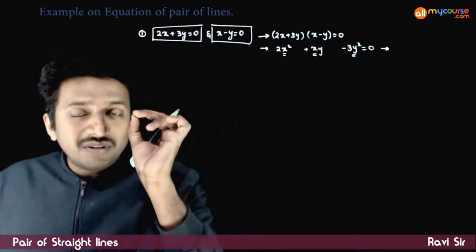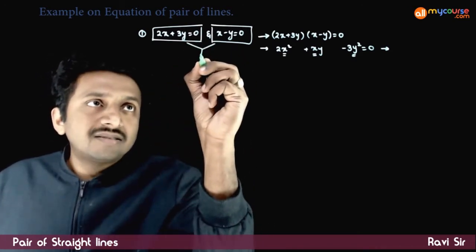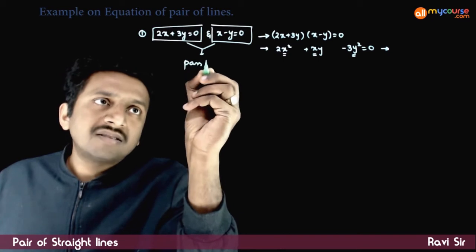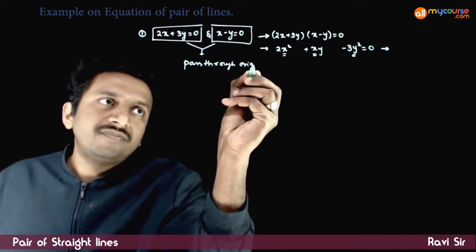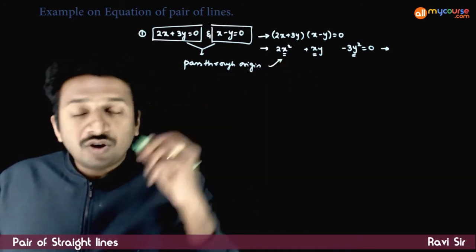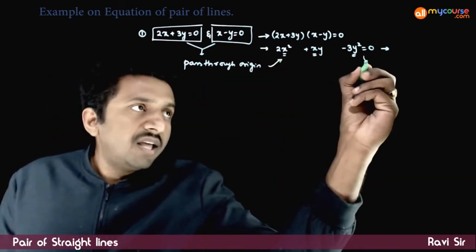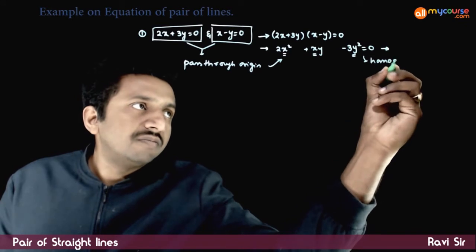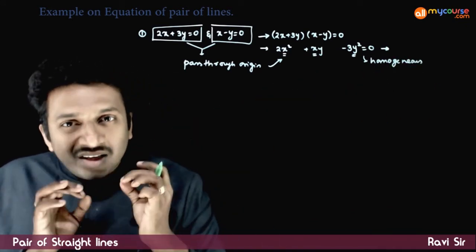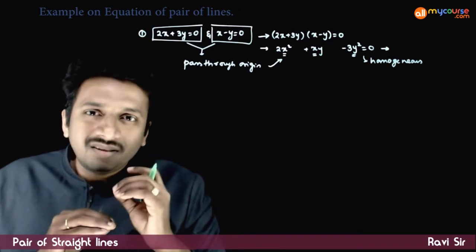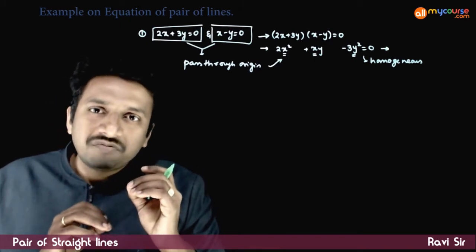So remember this, if both lines pass through origin, then the equation of the pair of lines will be a homogeneous equation. Homogeneous simply means that every term will have the same effective power of variable.